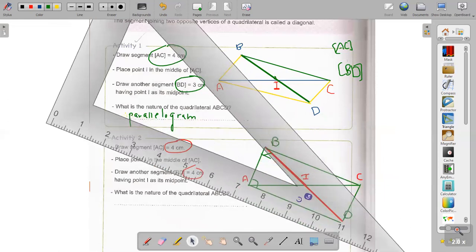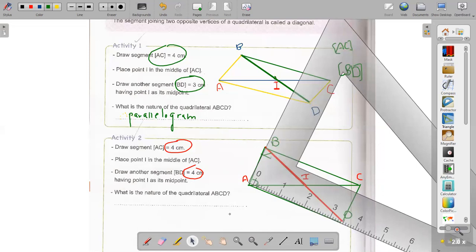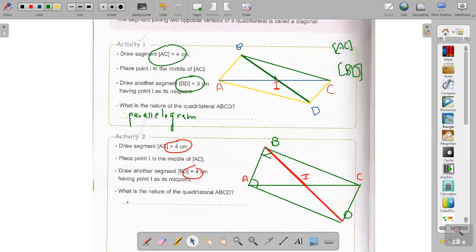Put it here. These two lines are perpendicular so they form a right angle. So the difference between the first shape and the second shape is just the right angles. So who am I? I am a rectangle. So ABCD here is a rectangle, because it has 4 right angles.